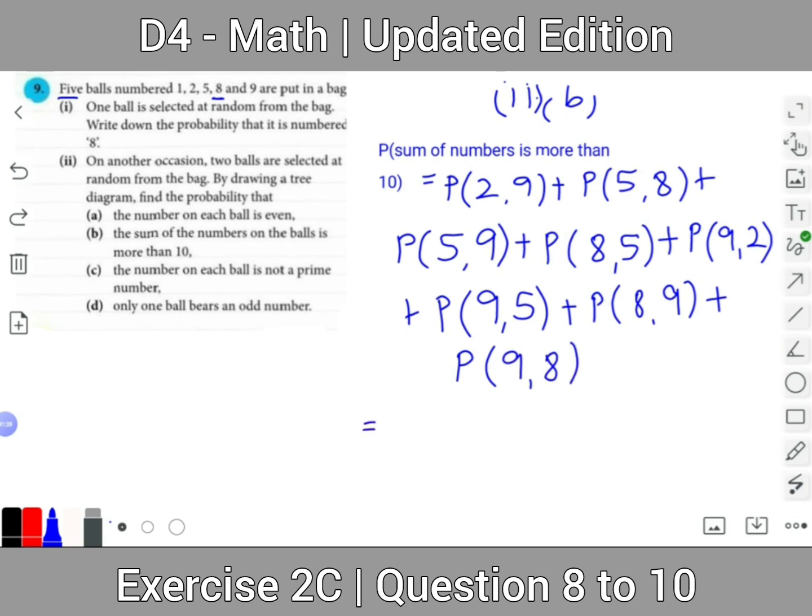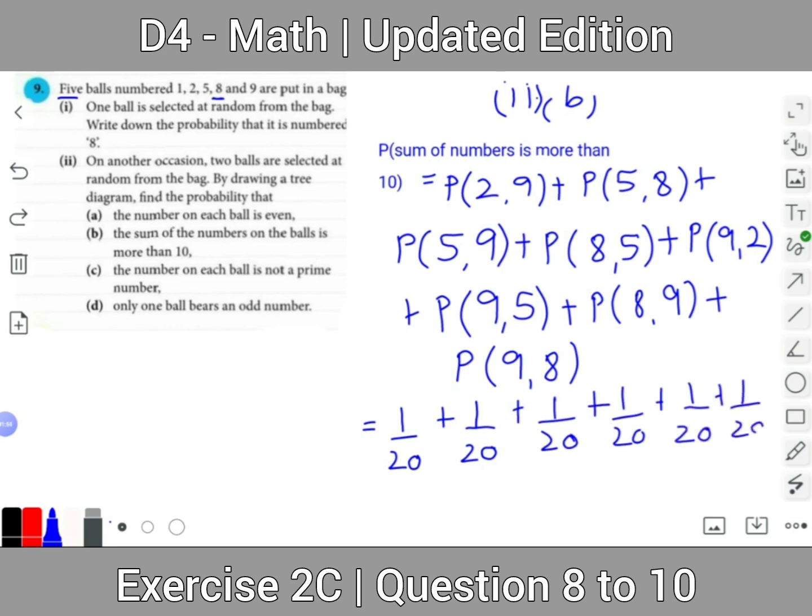The probability of each of these ordered pairs is 1 over 20, and there are 8 of them, so it will be equal to 8 over 20.